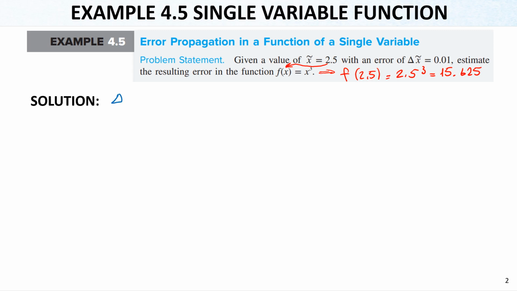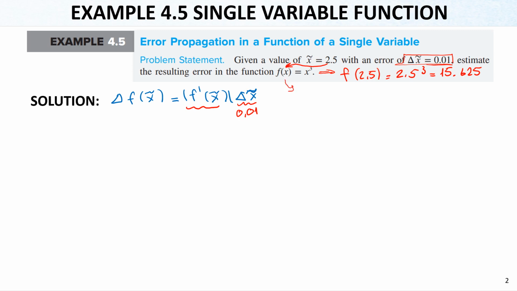We will use the formulation that we derived in the previous slide, which is delta f(x tilde) equivalent to f prime of x tilde times delta x. Here we note some values. This delta x is 0.01, given in the question, and the derivative of f can be determined from the derivative of this.